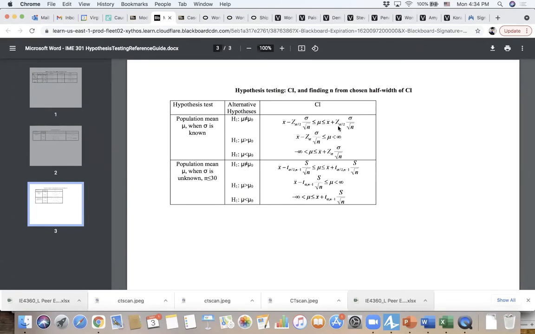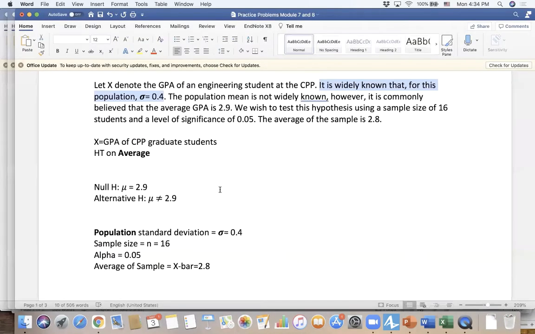For this test, let's assume I have constructed a confidence interval.